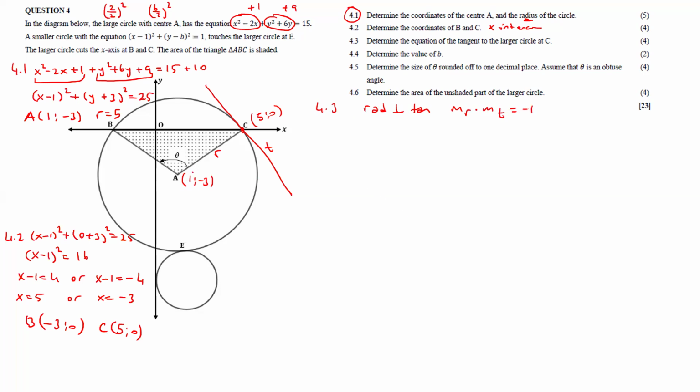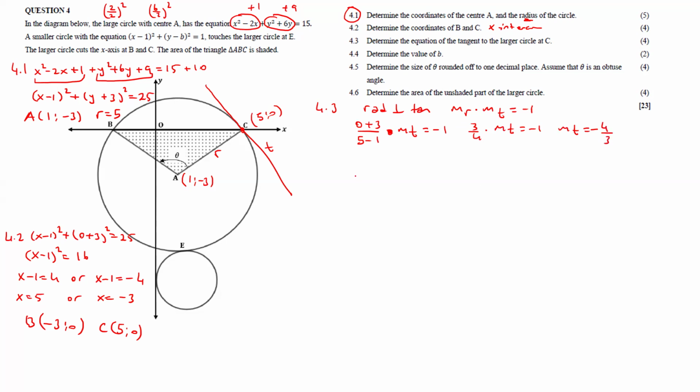So we can figure out the gradient of the radius by using these points. That's going to be (0 plus 3) over (5 minus 1), times the gradient of the tangent is equal to negative 1. 3 over 4 times the gradient of the tangent is equal to negative 1. From this, the gradient of the tangent will be negative 4 over 3.